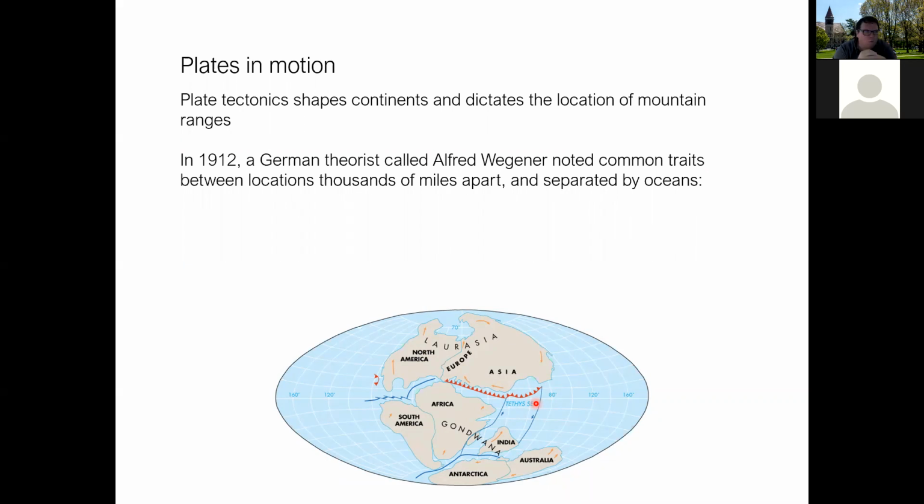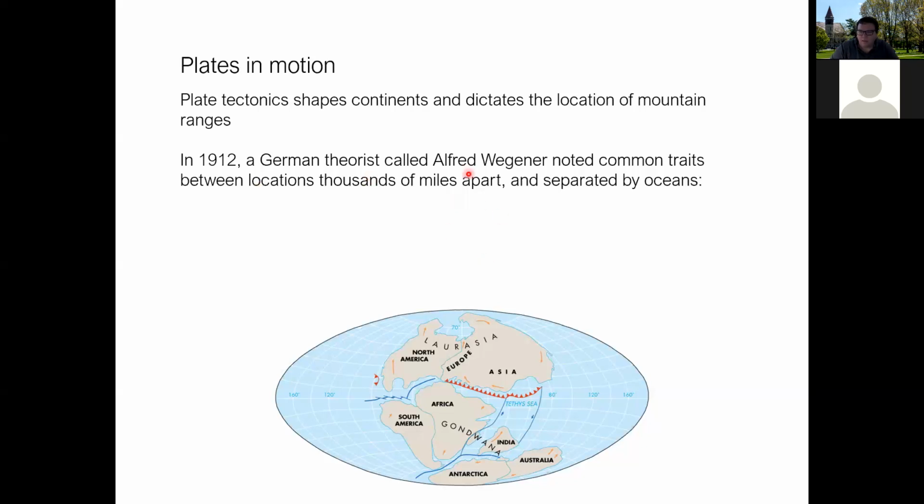But what really wasn't known until the middle of the last century is that not only were there plates, we could get some sense of the activity around certain areas, and people as early as 1912, Alfred Wegener, noted that there are common traits between these plates, that they had similar landforms, similar geology. But we didn't really have an idea that this is a dynamic system that moved around, that was changing and evolving and recycling.